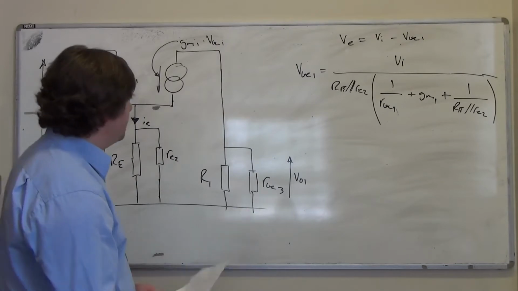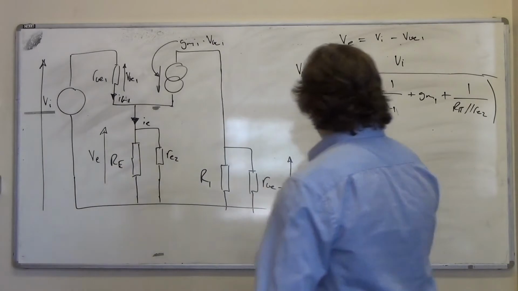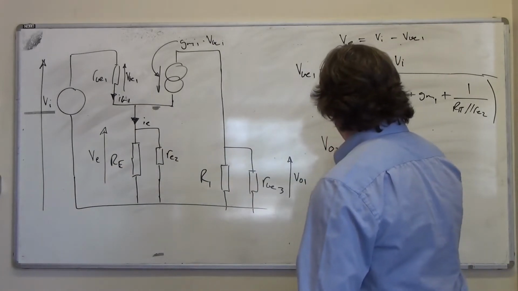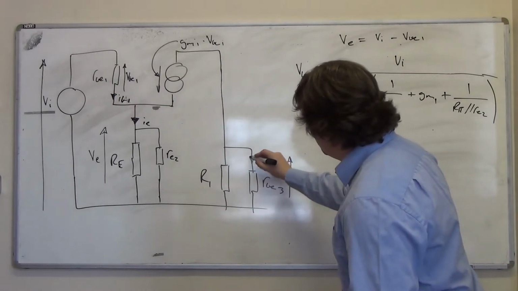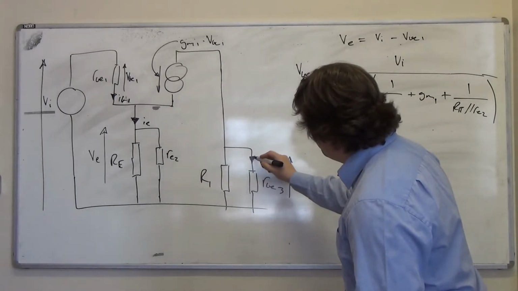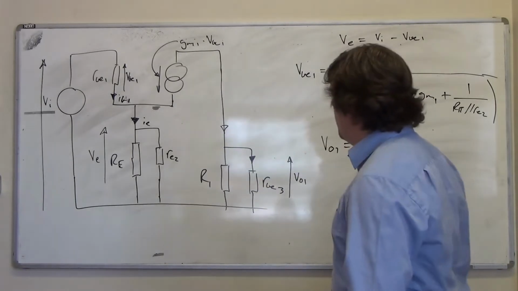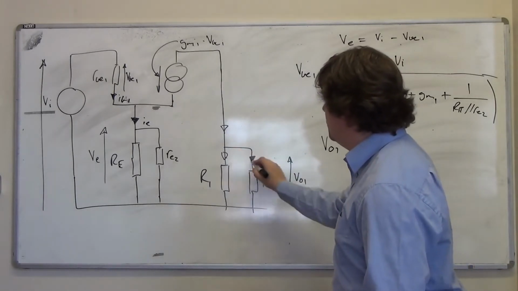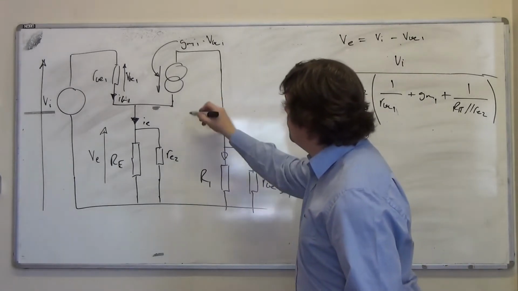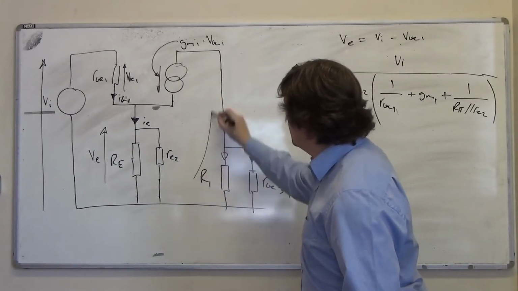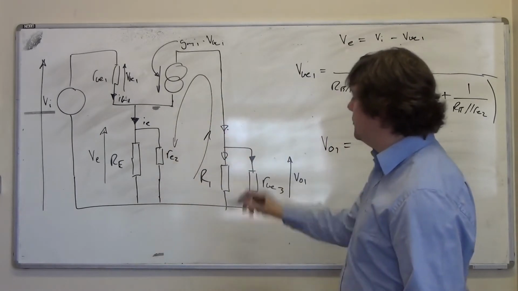We can just say that VO1 is equal to, now I'm thinking of a current flowing like that, downwards, but the only trouble is GM1 VBE1 is forcing a current round that way, which is opposite to the way I'm thinking.